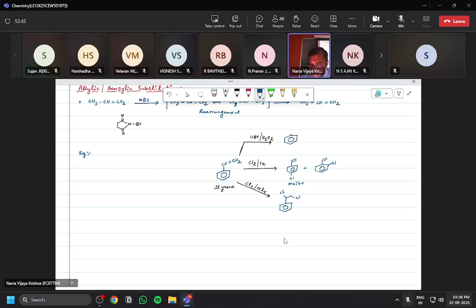Over the alkene, Br goes to the less substituted carbon, right? Plus Gomberg products. But I am not interested in Gomberg products. Clear? This is enough for us.